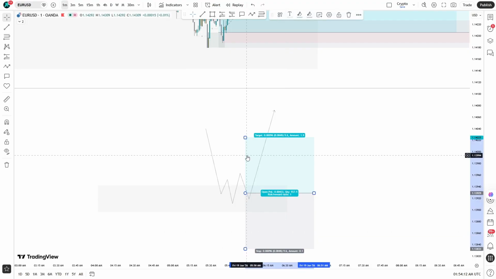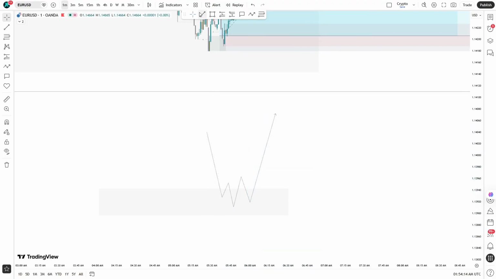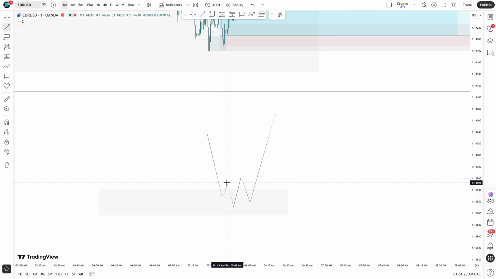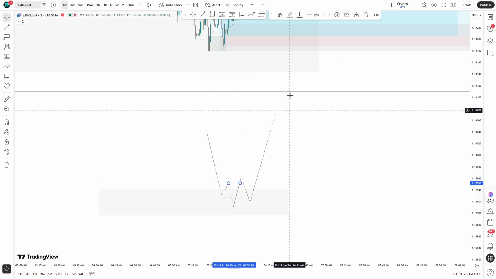We mark out the point. Add a sweep to the downside. Here we now have a sweep. Then to the change of character.